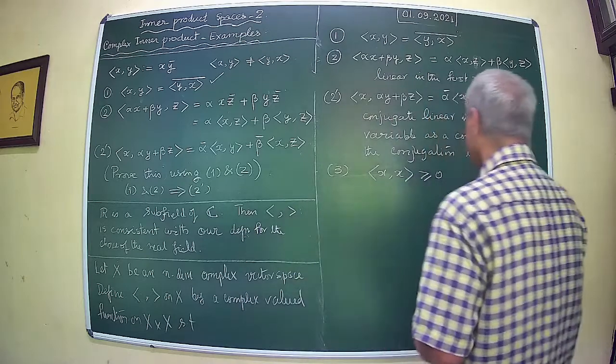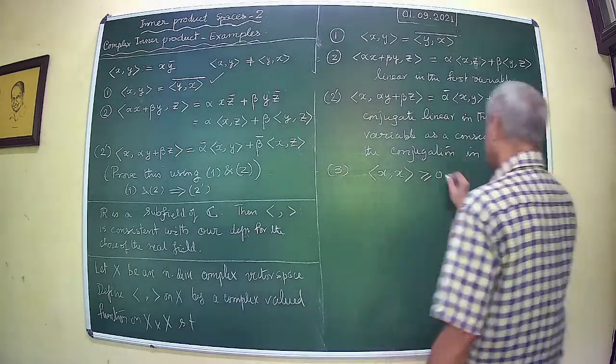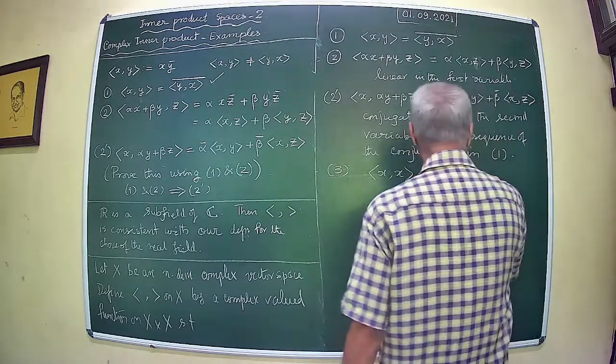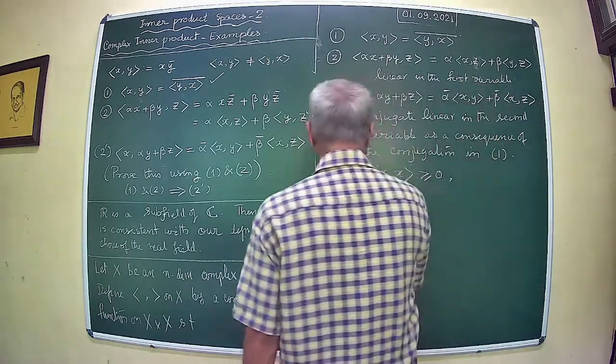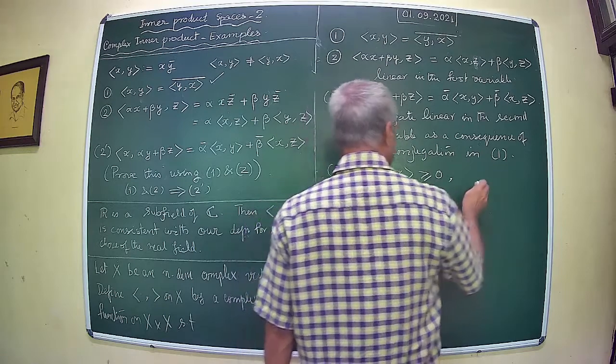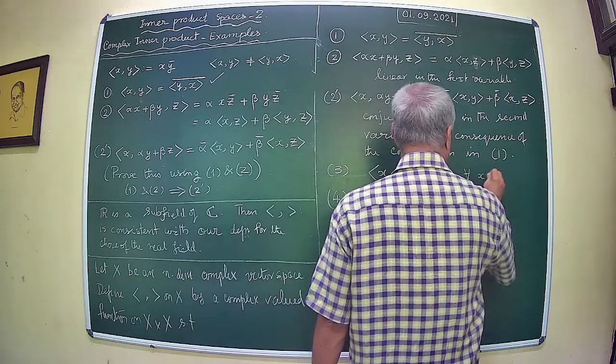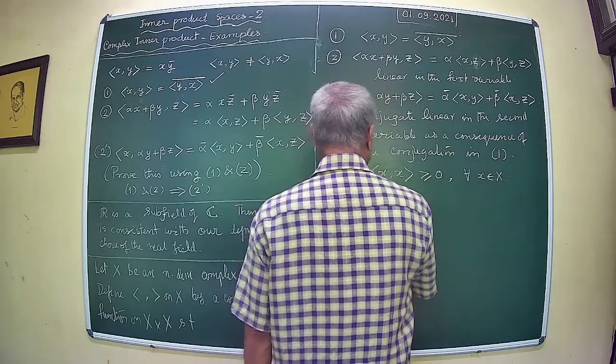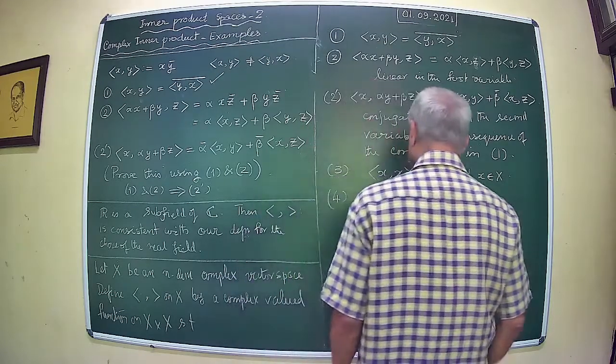Greater than or equal to 0. And the fourth property is that which you need is this.